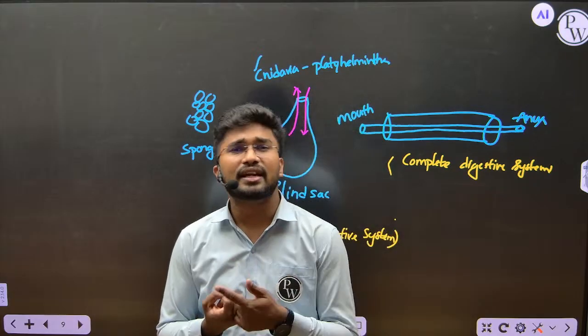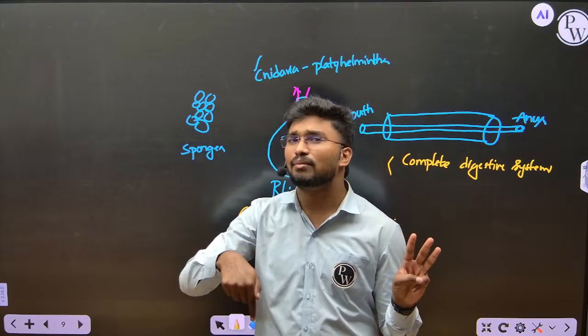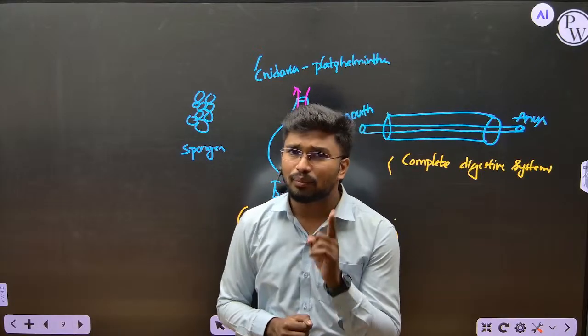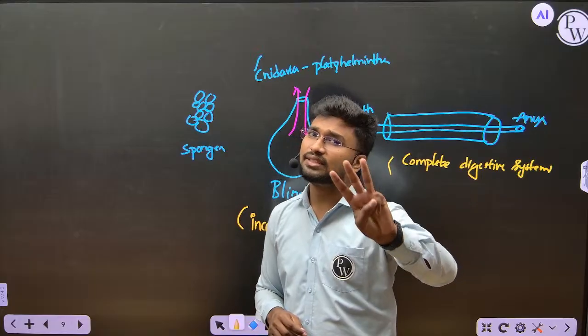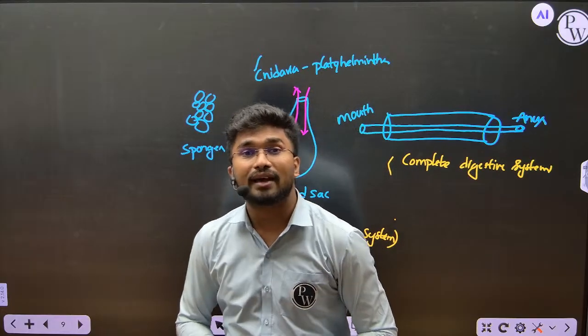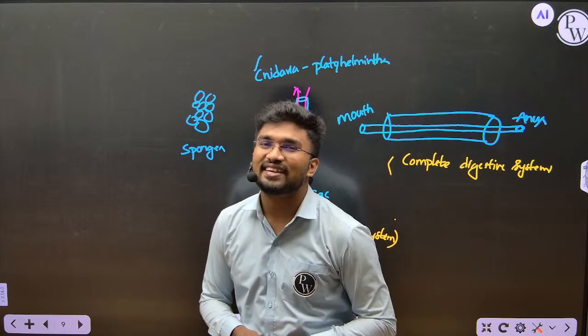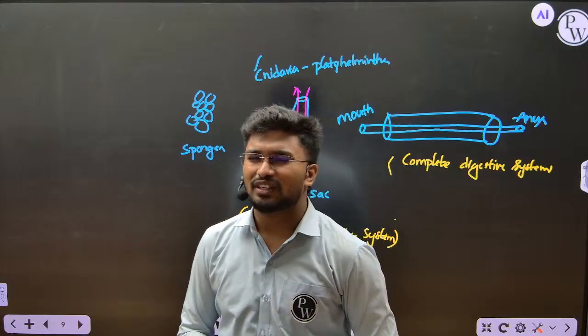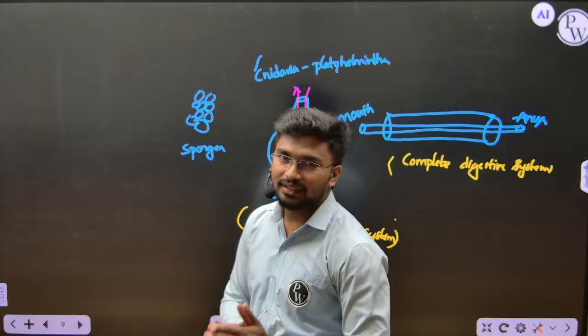Diploblastic examples are Cnidaria, Ctenophora. Triploblastic examples are from Platyhelminthes to Chordata. Important point, triploblastic acoelomate, meaning three germ layers are there, even though it is having three germ layers, it is not having coelom. Example for triploblastic acoelomate is what? Phylum Platyhelminthes.